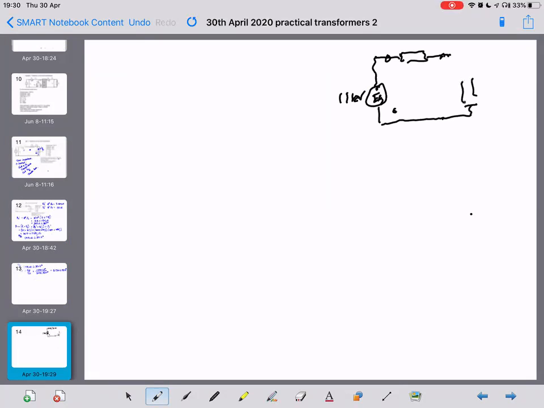And we've got ZL dash in here. That is 1891 angle 36.9 degrees.